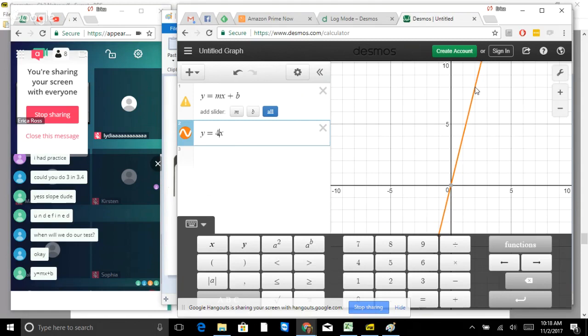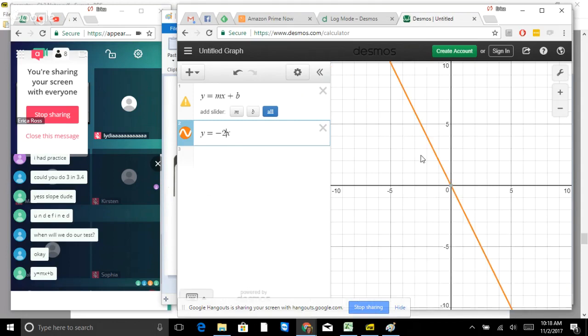If you put in a slope of 0, you get your flat line, right? If I put in a slope of -2, okay, I get my nice negative, right? So I can rise -2, run +1, because remember, a slope of -2 would be -2 over 1.